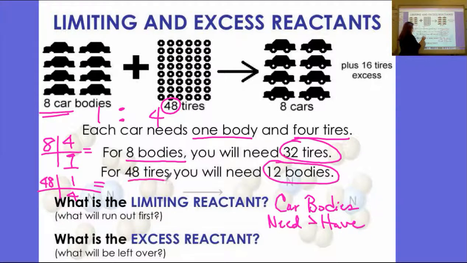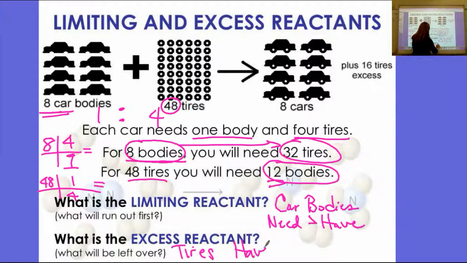In order to use all my 48 tires, I would need 12, but I only have 8. I don't have enough. It's going to run out. What is my excess reactant? Who's left over? Obviously, it's got to be the other one, tires. Why? Because if I used all my 8 car bodies, I only need 32 tires.